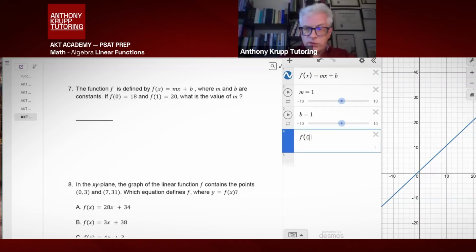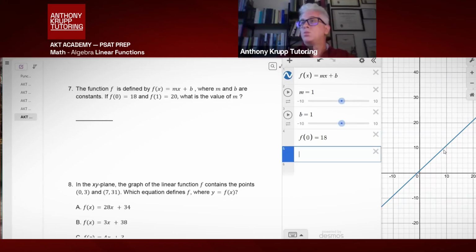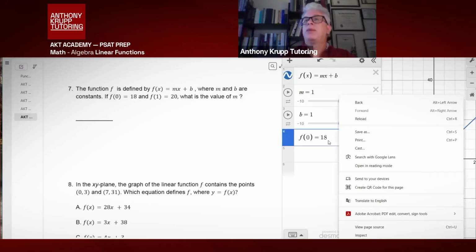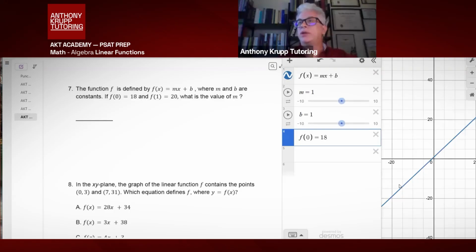It tells us that f of 0 is 18. It's not doing that though. Okay. I get the issue here. I can sit here and decree that f of 0 is 18, but are you sure? Because this line is all over the place. It could go anywhere. Let me put it back here.